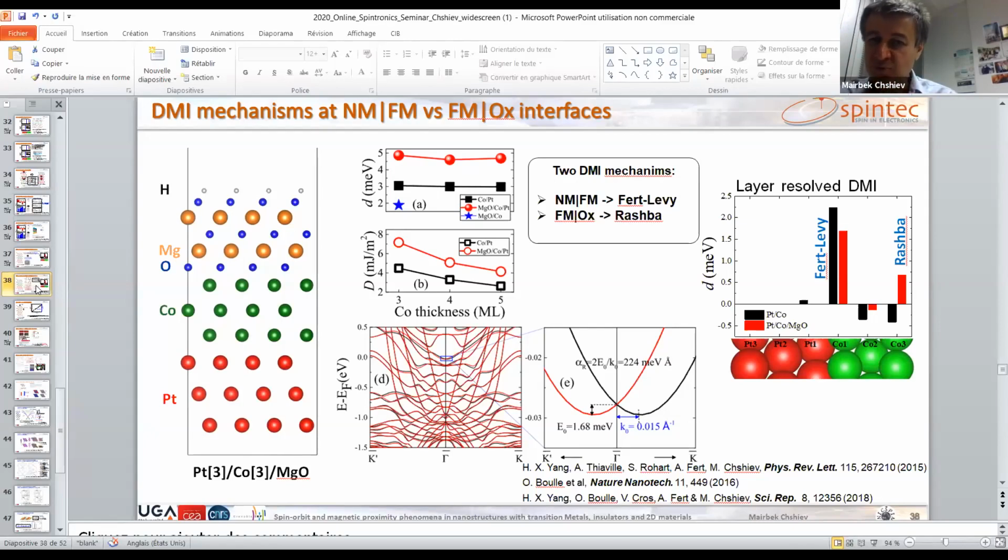From that point of view, there is a correlation with the spin Hall effect, because in both cases what you look at is how your 5D states are positioned when you create your system, whether they will be below or above.